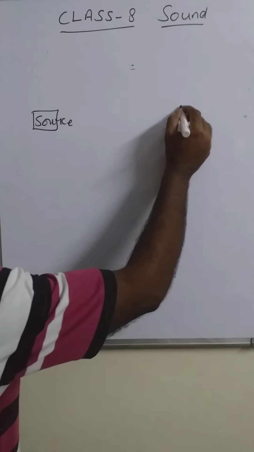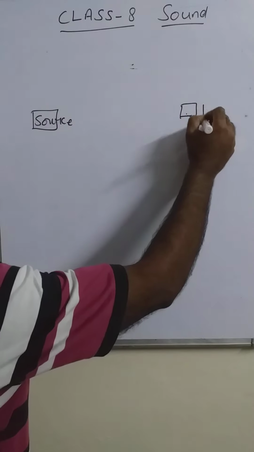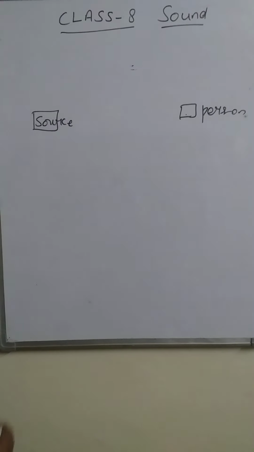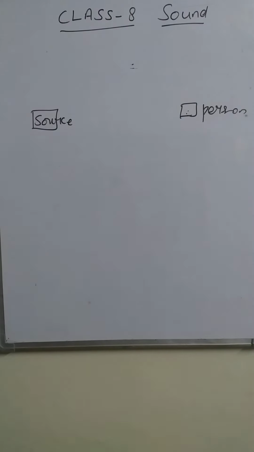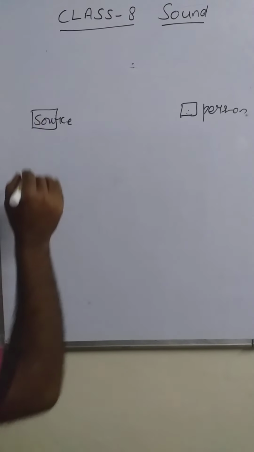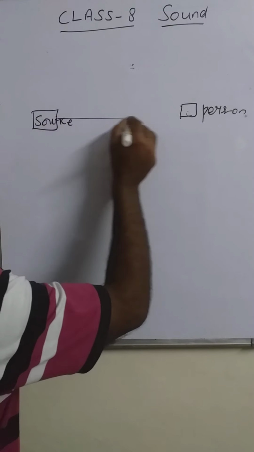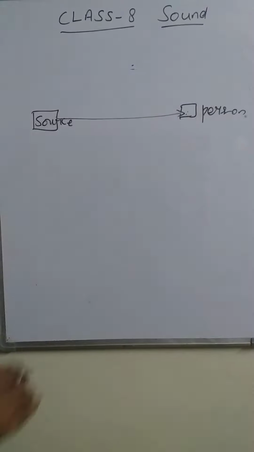Suppose a person who is at some distance from the source is able to hear the sound. So what happens? The sound produced from the source must travel from the source to the person.